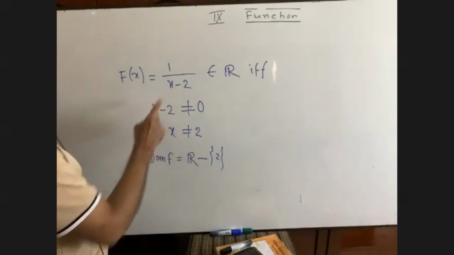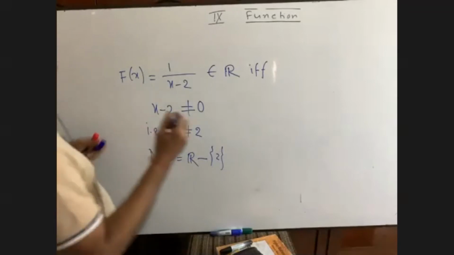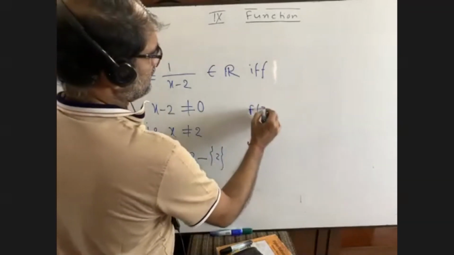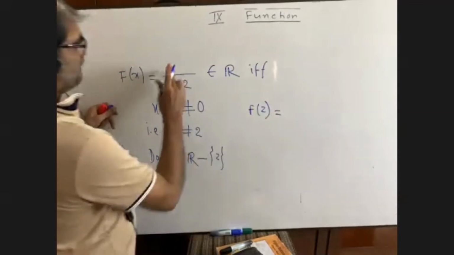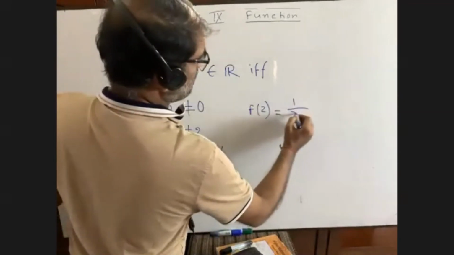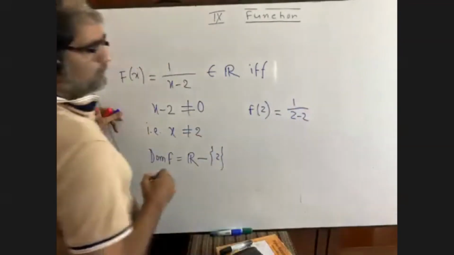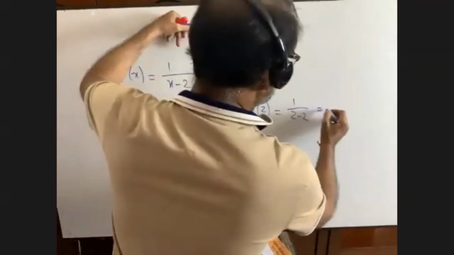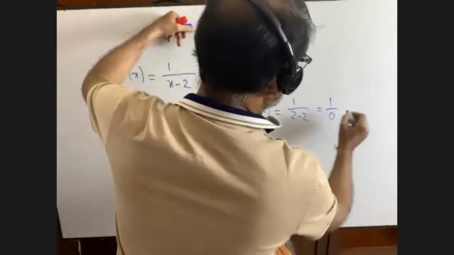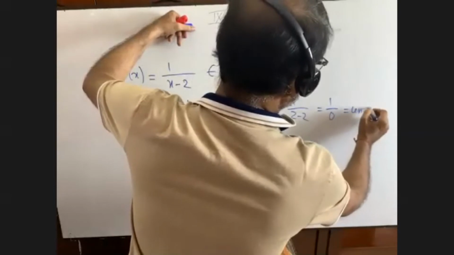Because if 2 is taken, what are we getting? If I take 2 and put the value, 1 by 2 minus 2 is 1 by 0. That is undefined.